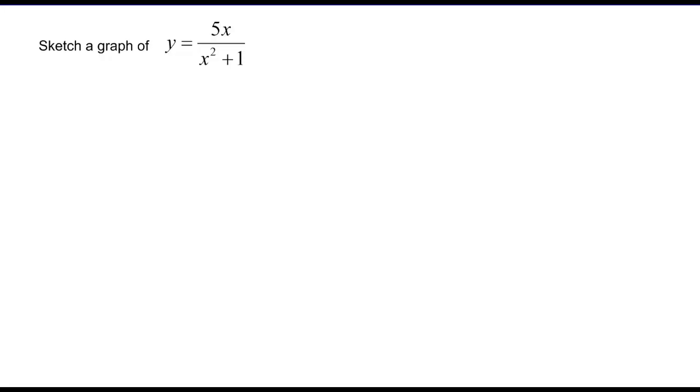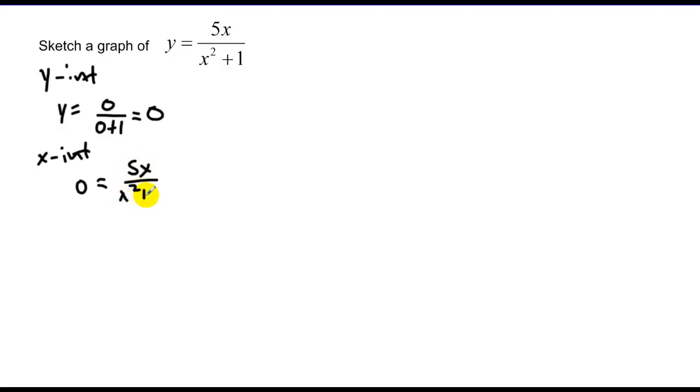Let's do another. In this case, we set x equal to 0, find our y-intercept. So I have y equals 0 over 0 plus 1, or 0. Find my x-intercept. Again, set your y equal to 0.